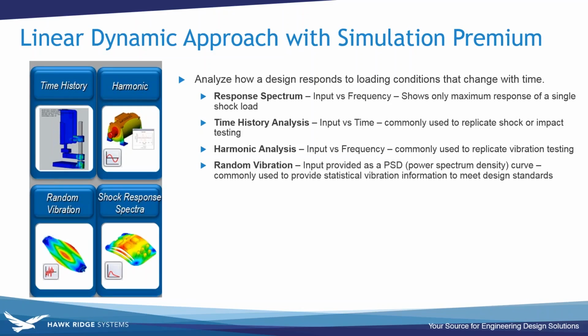So essentially, we get results similar to a linear static, where we're only seeing the worst case scenario. We're not seeing how the stresses are being developed throughout time, but we're seeing that worst case scenario.